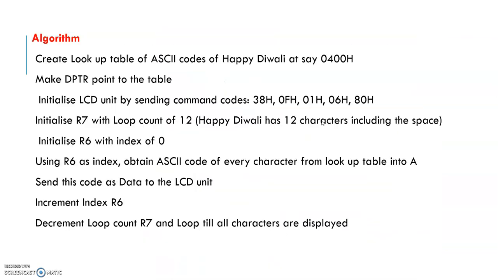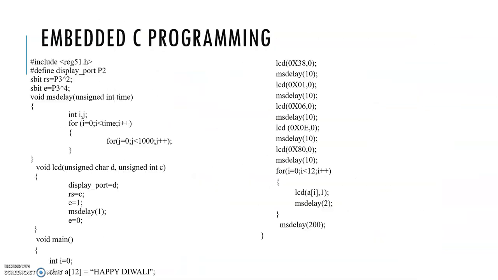So the C value, the argument that we passed, will be assigned to the register select. And E for enable: the enable should be high for some time, and then we give it low, so that it gets a falling edge, that is, a high to low transition. So the data will be latched to the port.